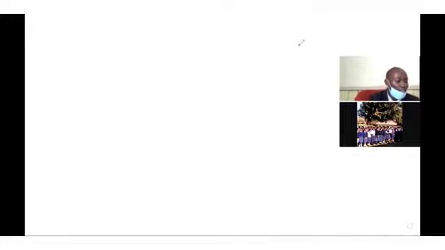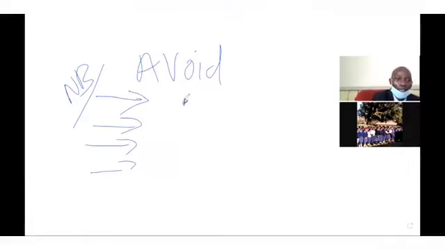There are things that we are not supposed to use when answering questions in the exam. So we are supposed to avoid some of these. For example, we have students who like using these arrows. These are not supposed to be used in the exam. Others are like this.